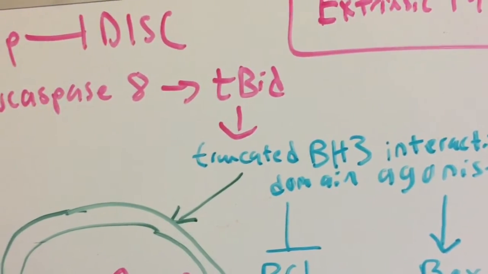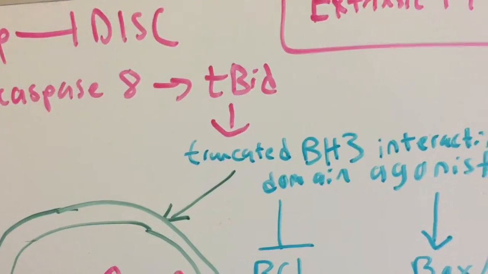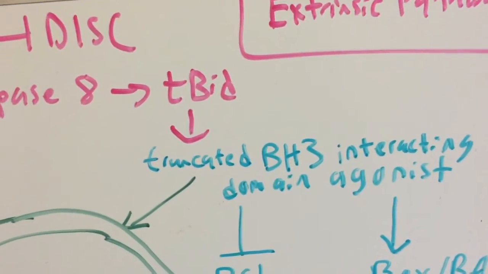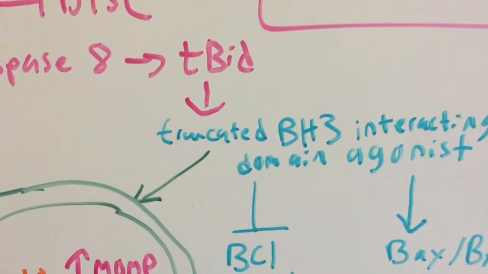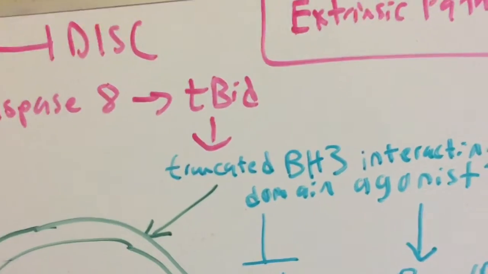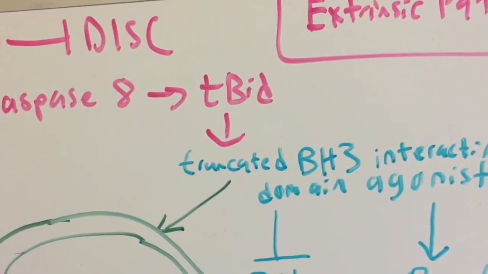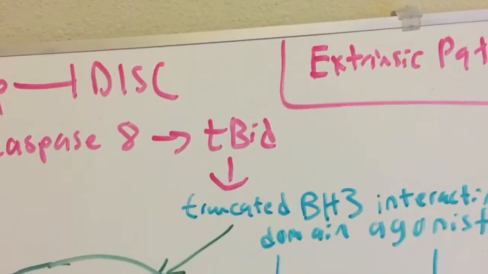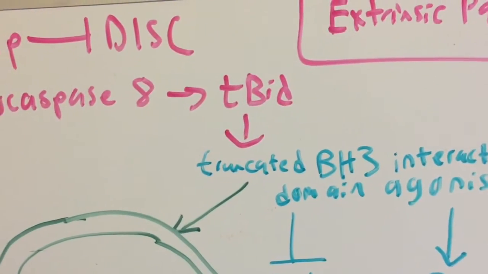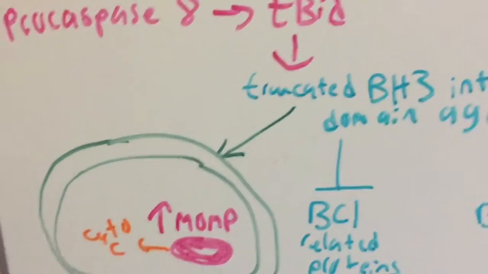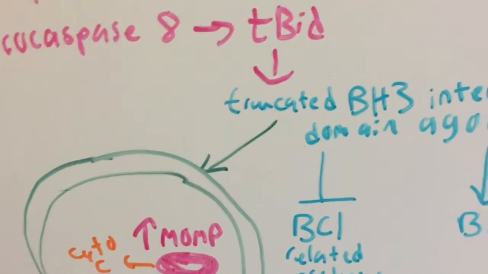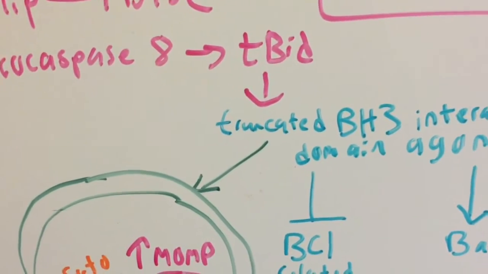It becomes truncated. It's known as tBID, or truncated BH3 interacting domain death agonist. This plays a huge role, and not a lot of people talk about it when talking about apoptosis. tBID promotes the mitochondrial outer membrane permeabilization involved in the intrinsic pathway.